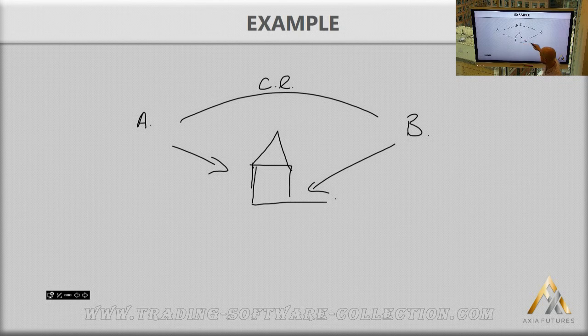The only risk is if your clearer goes bust, and then of course you're all stuck, which is what happened with MF Global a few years ago, where the clearer was using client funds to trade with, which is frowned upon, shall we say. But that's effectively what they were doing, which caused a lot of problems.